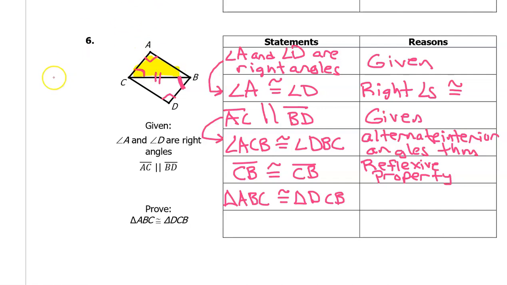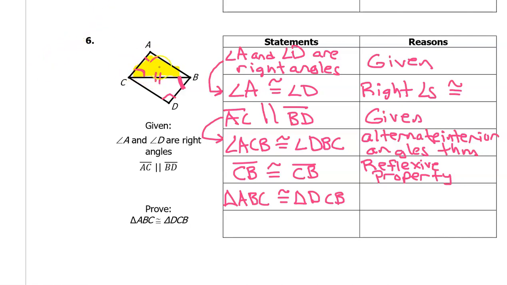I'm noticing this is a right triangle, so I should first ask myself, is this hypotenuse leg? I see that the hypotenuse is marked, all right? That's the double mark right there is the hypotenuse. But what about a leg? A leg would be any other side. No other sides are marked. So we have a hypotenuse but no leg. So this is not hypotenuse leg.